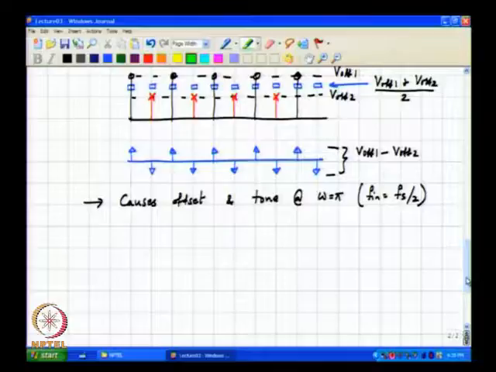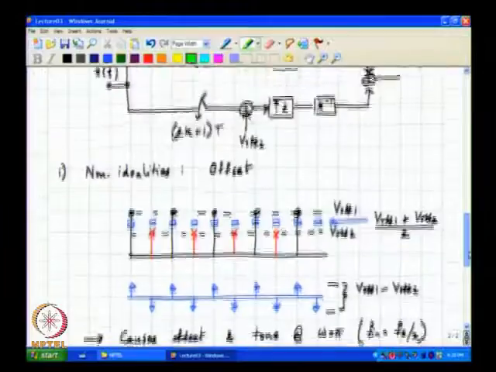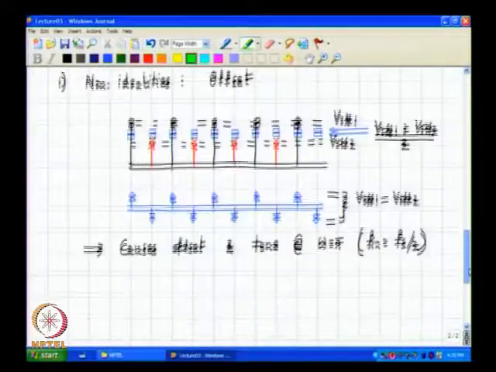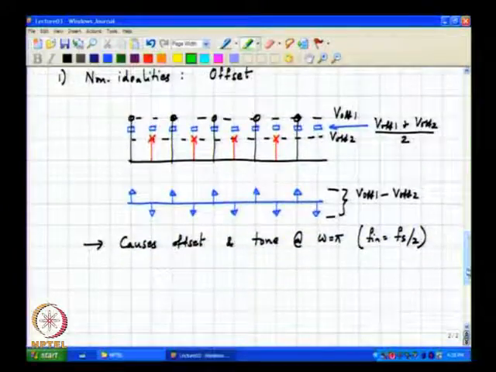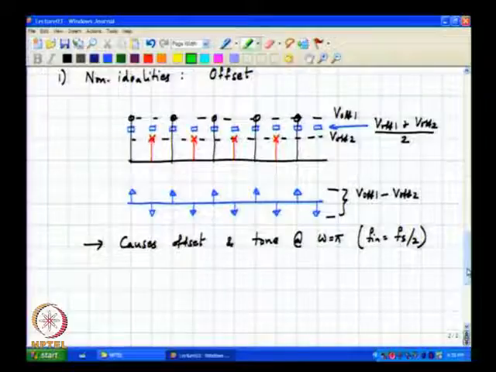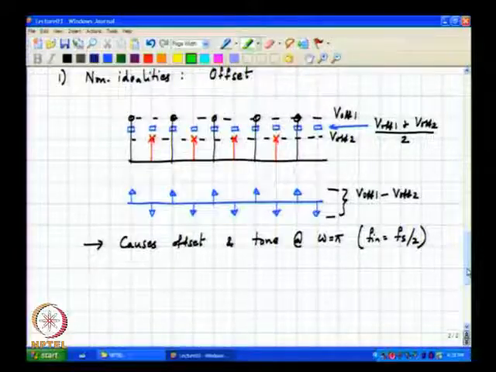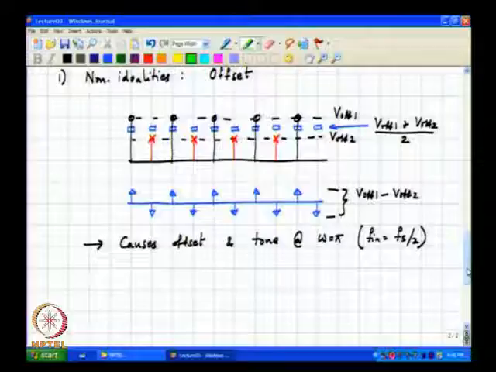oh actually I am sorry, no, what did I say, we assumed, what was this? Okay, so I am sorry, if we have a 2-channel sample and hold, then we see tones at pi. So in other words, it is 2 pi by 2.